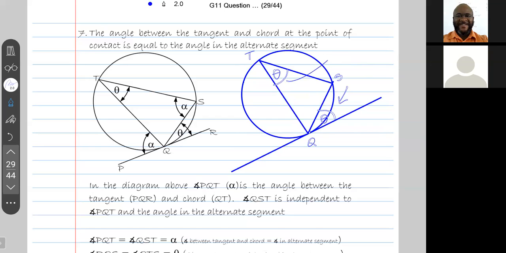This one here is called the angle in the alternate segment. Now, the angle between the tangent and the chord at the point of contact is equal to the angle in the alternate segment. QT is a chord. So this angle here, if I call it alpha, is the angle between the tangent and the chord. That alpha is equal to this alpha, and the alpha at S is the angle in the alternate segment. Ladies and gentlemen, the angle between the tangent and the chord at the point of contact is equal to the angle in the alternate segment.